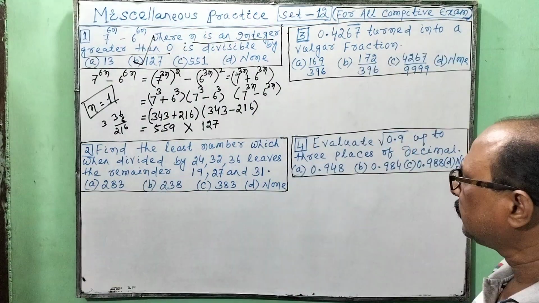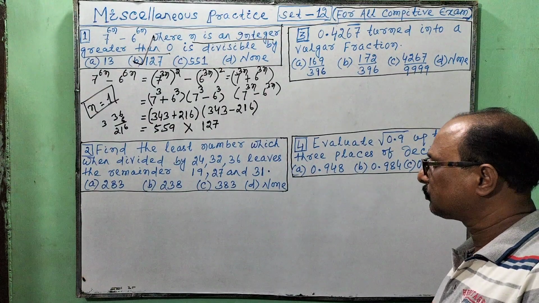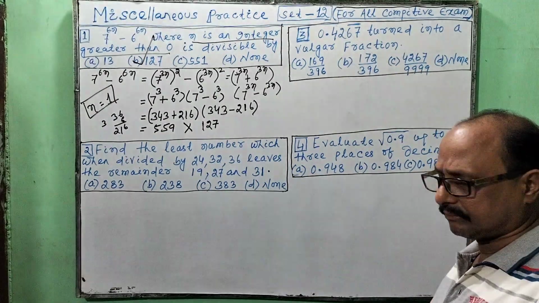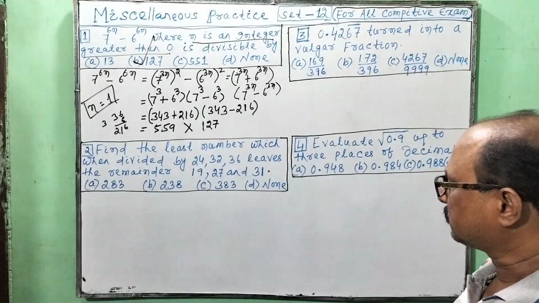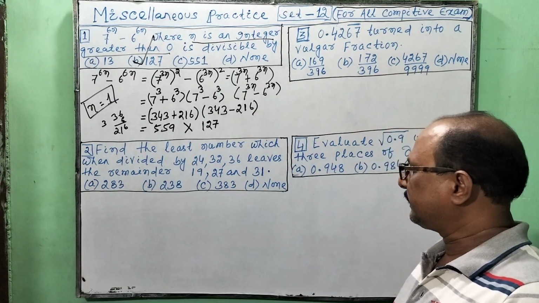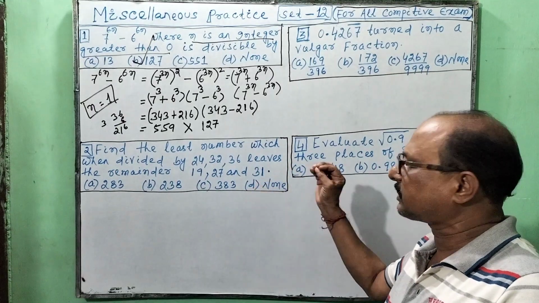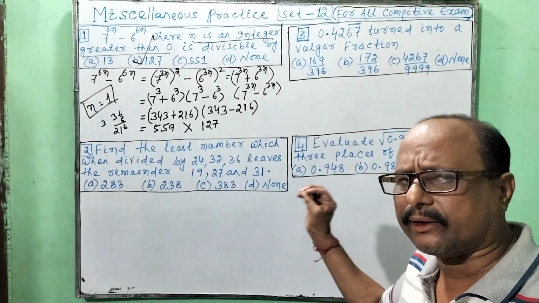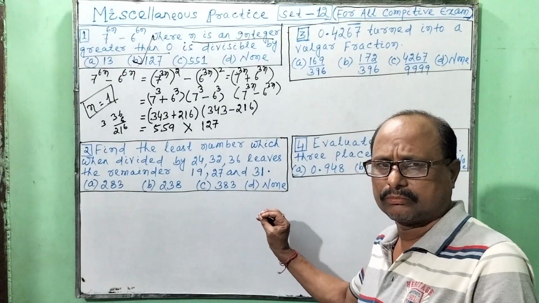Next, find the least number which when divided by 24, 32, 36 leaves the remainders 19, 27, 31. This is the most important question from the exam point of view.